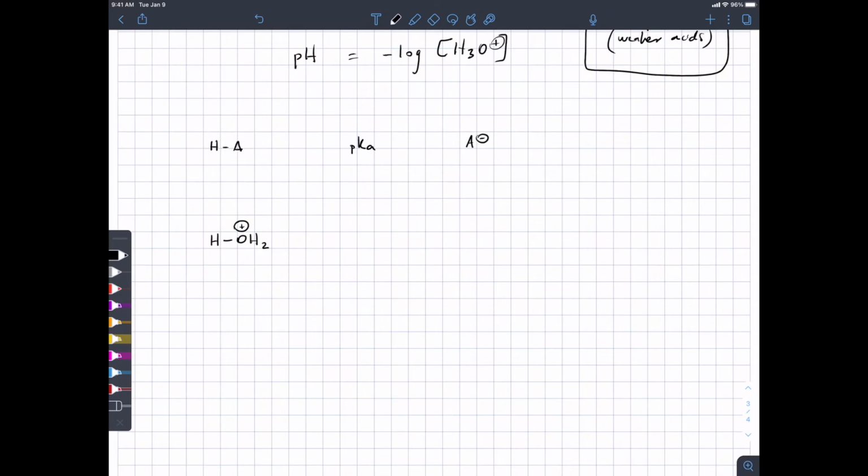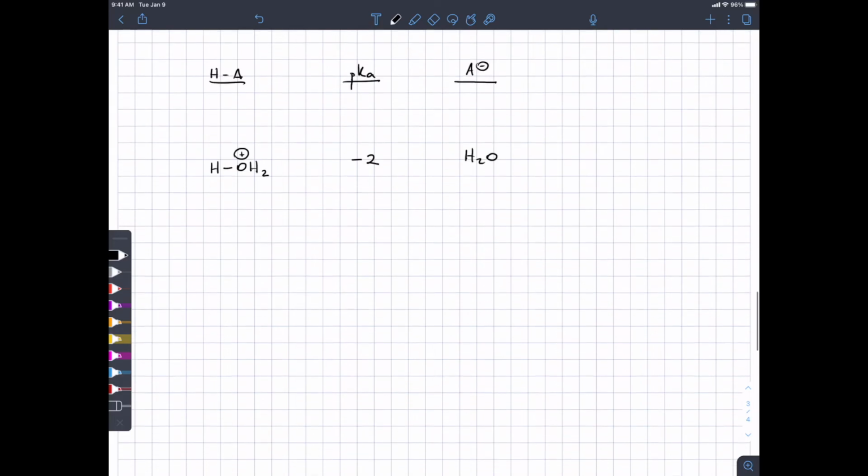The pKa of hydronium is around -2. So that's a good number to memorize, -2. I think that's one of two numbers to memorize in OChem. I'm trying to think if there's more. What's the conjugate base of H3O plus? Just H2O, just water.